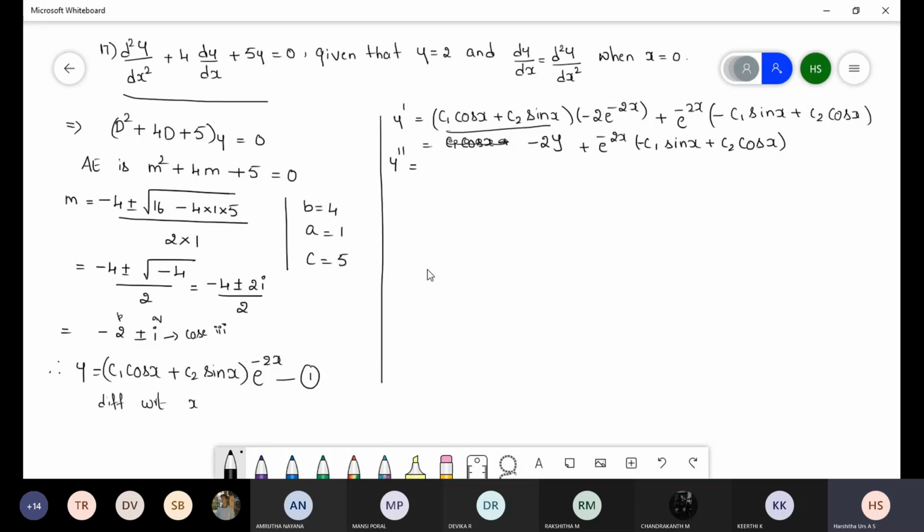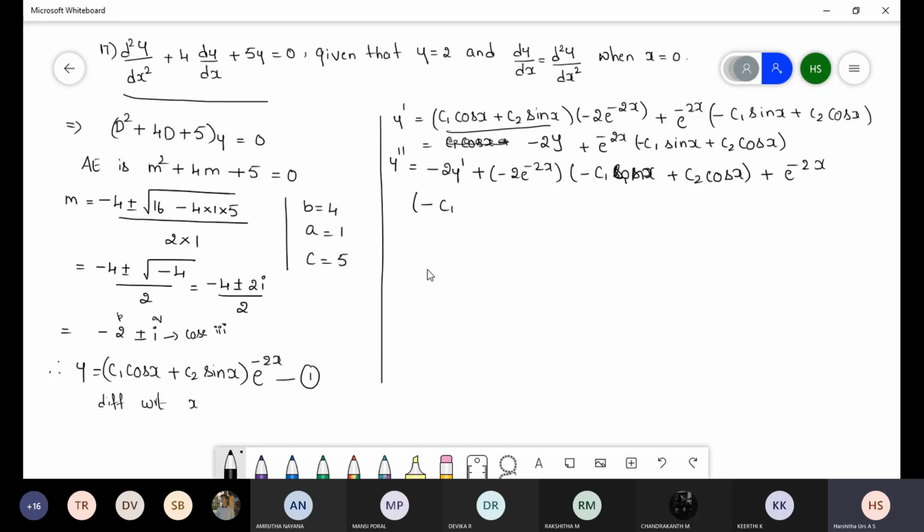So differentiation of y is y dash. So minus 2y dash as it is, plus again e power minus 2x means minus 2 e power minus 2x times (minus C1 sin x plus C2 cos x), which I will write as it is, plus e power minus 2x I write as it is.